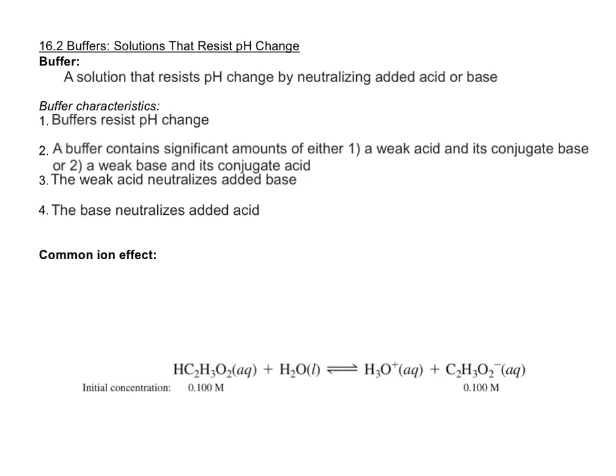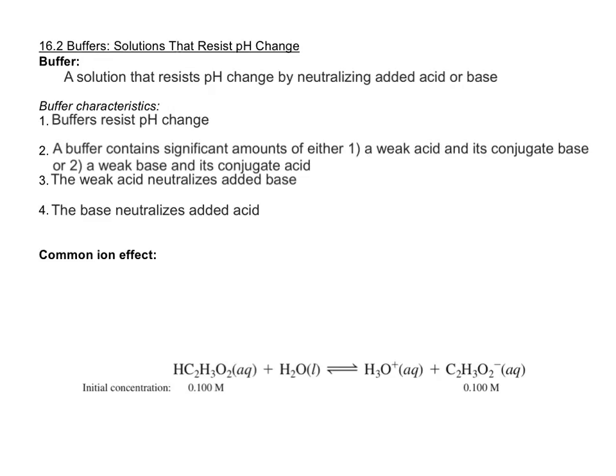And some of it, a very small portion, goes to the conjugate base on the other side. In this case, we're adding approximately equal, or in this case exactly equal, amounts of the acid and its conjugate base. And the result of that is that the reaction doesn't shift one way or the other very easily, because we have a lot of both on either side.